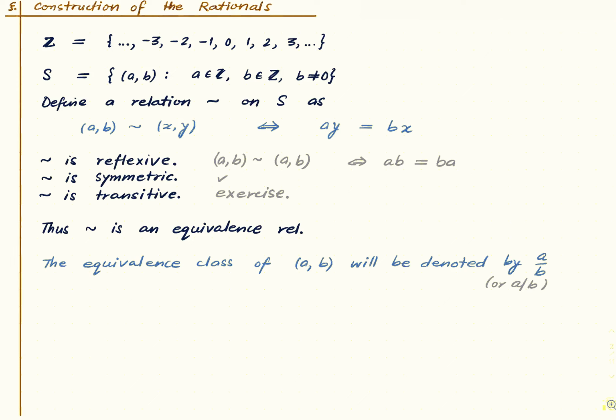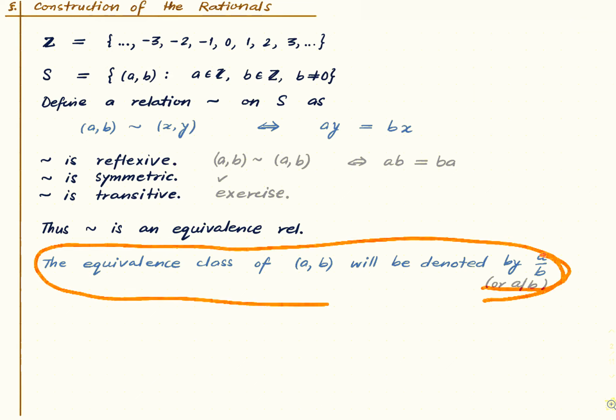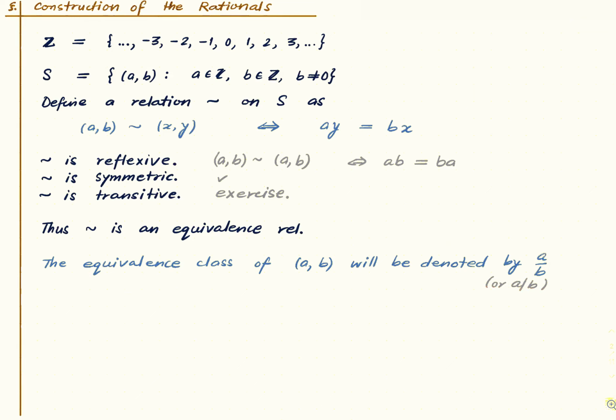So either you write that way or this way, it's the same thing, and this should already remind us of the rational numbers as we are used to them in high school. This is how rational numbers look when we read about them in high school.